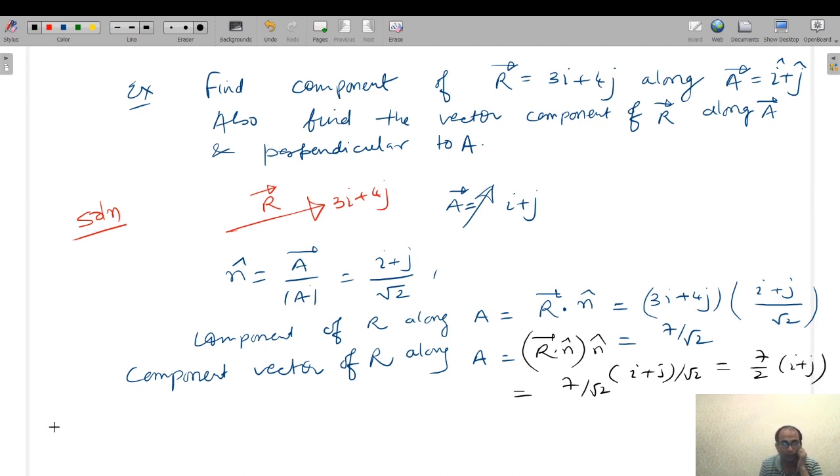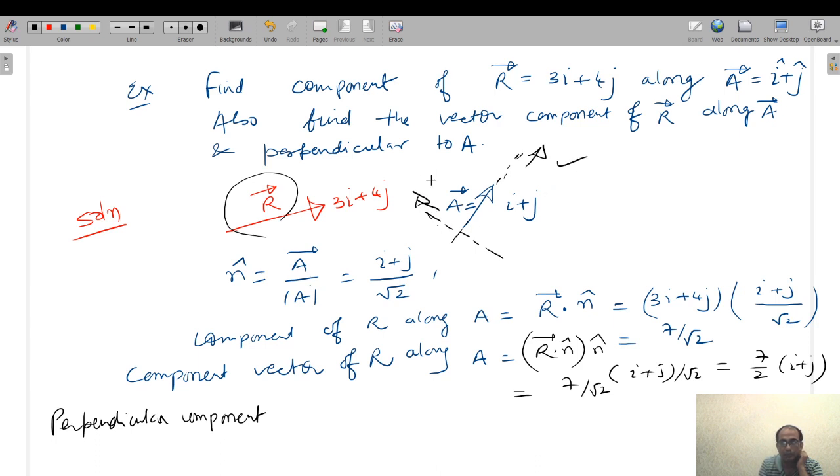Now the perpendicular component. See, the component along A we have got, and perpendicular means perpendicular to this. So the component of the R vector along this we have got, and this one we are calculating.